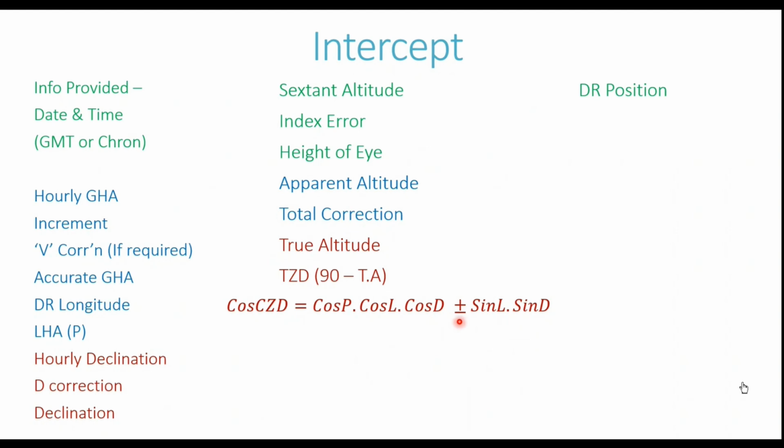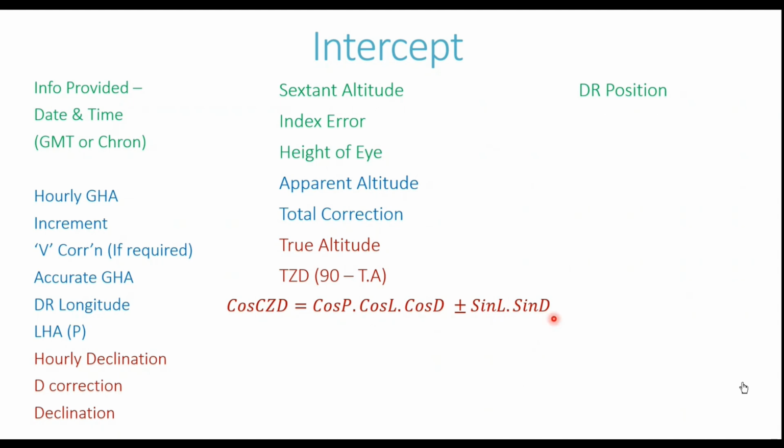plus minus. Again, you see two signs here in the formula. The same fundamental is used, what we used in long bicron. That is, the upper sign is used when the following terms are of the same names. There are two following terms, one is latitude, another is declination.